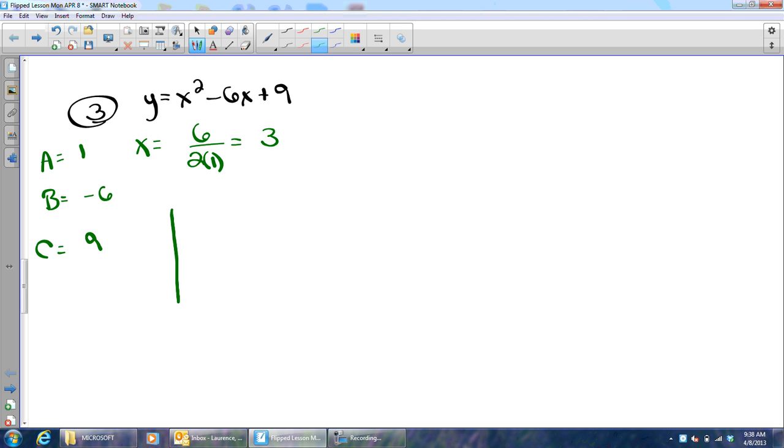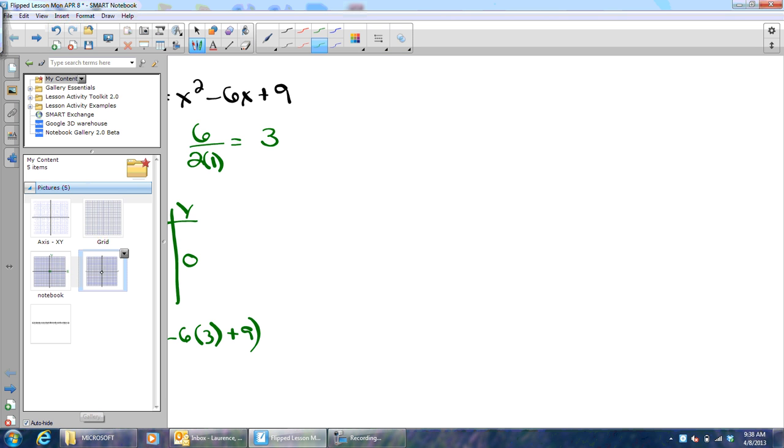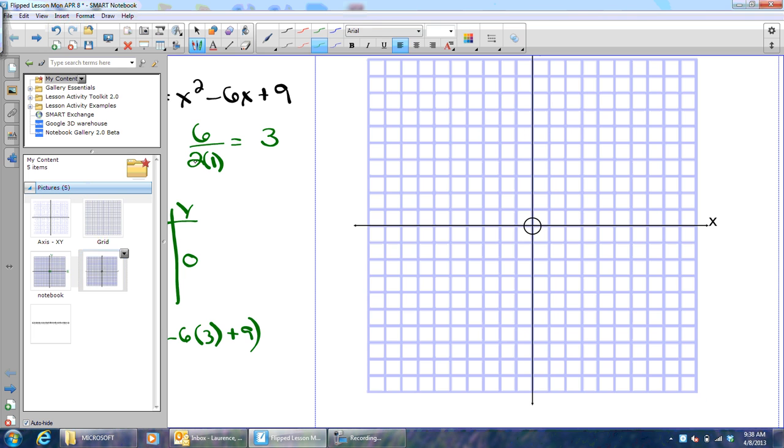So my vertex occurs when x is 3. So I'm going to take y equals 3 squared minus 6 times 3 plus 9, and that, my friends, is going to equal 0. That means that this vertex is sitting on the x-axis, and that's okay.